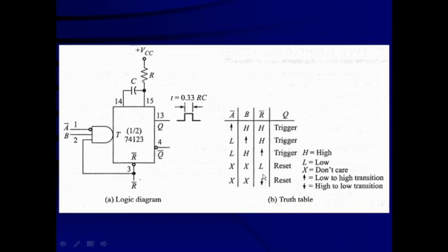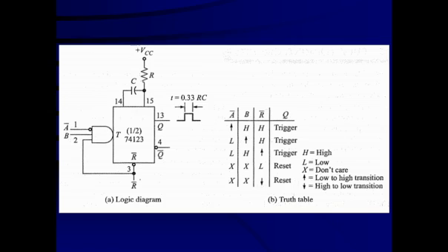When it makes a negative transition here, this should be the down arrow, it was a mistake, so be careful. When there is a down arrow, a negative transition occurs, B is high, R bar is high, and then the negative transition at A bar will trigger the circuit. Remember this.